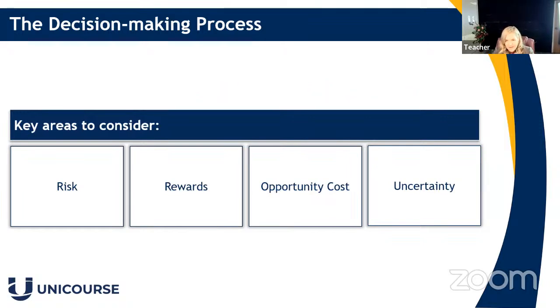The key thing that I think needs to be considered by everybody before they make a decision is they need to understand any risks involved. Obviously, also considering the rewards from making that decision.